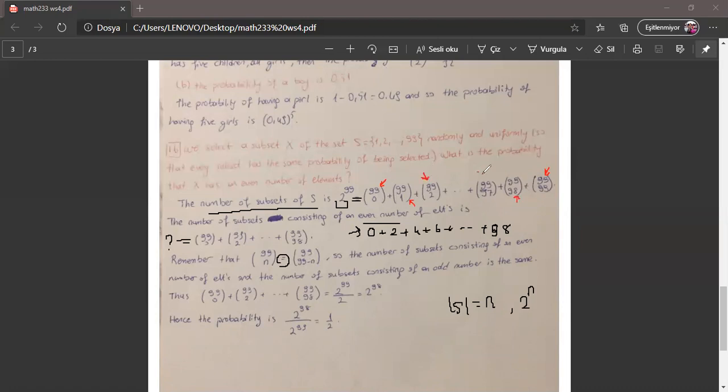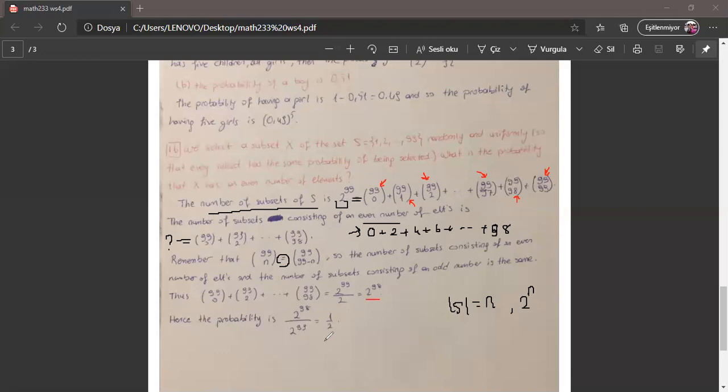So half of them gives the number of the subsets containing an even number. This sum is equal to 2 to the 99 over 2, remembering the total number is 2 to the 99. Half of them is the number of subsets consisting of an even number of elements.